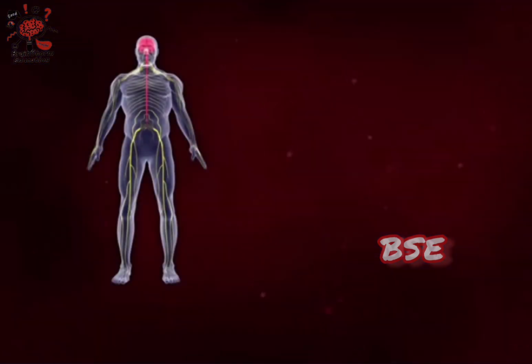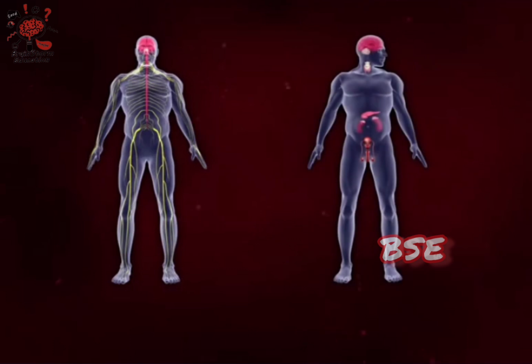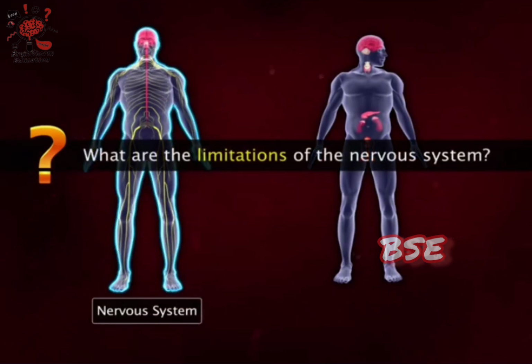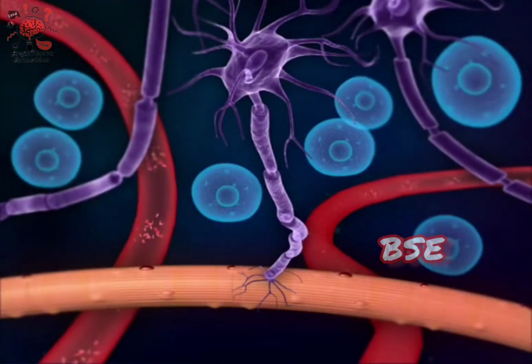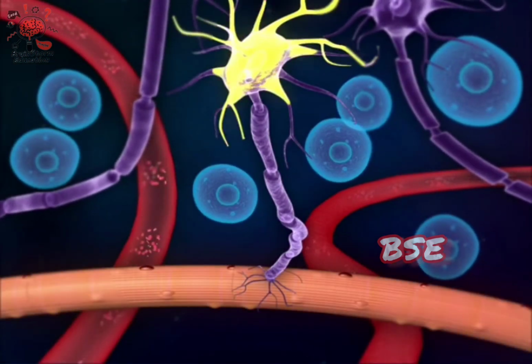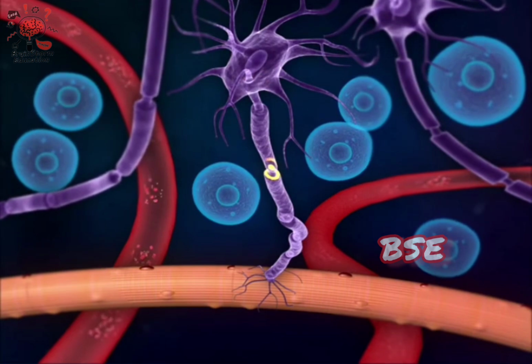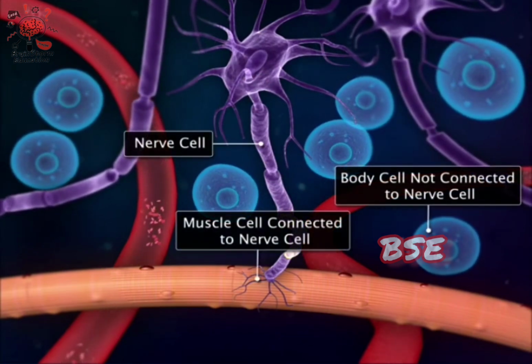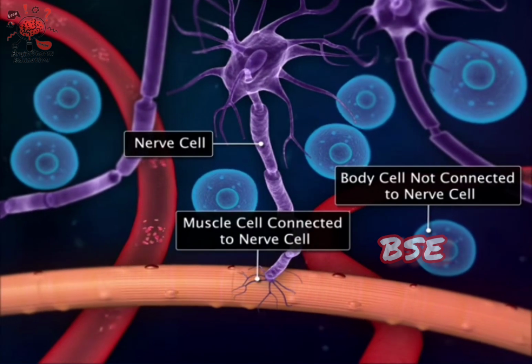Although the nervous and the endocrine systems play equally important roles in regulating body processes, can you think of the limitations that apply to the nervous system? Two sections of the nervous system can communicate only if they are connected through nerve fibers. Not every cell of our body is connected to the nerve tissue.